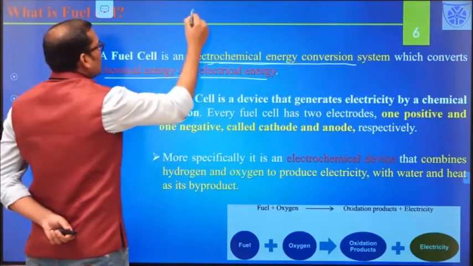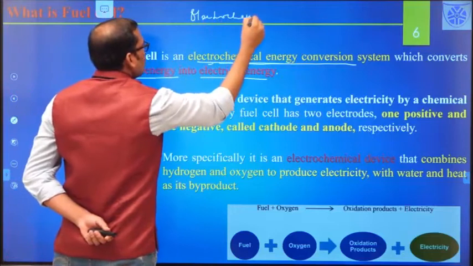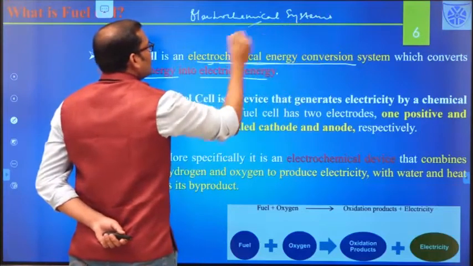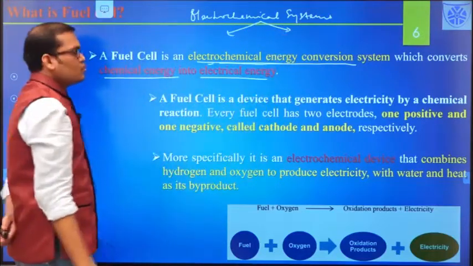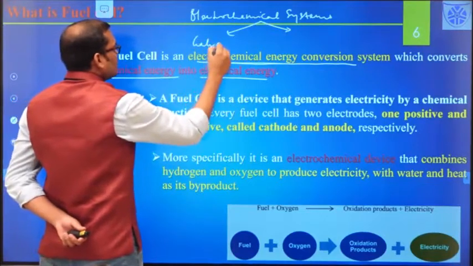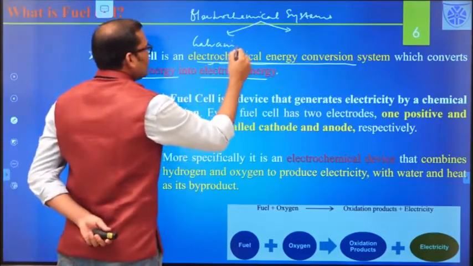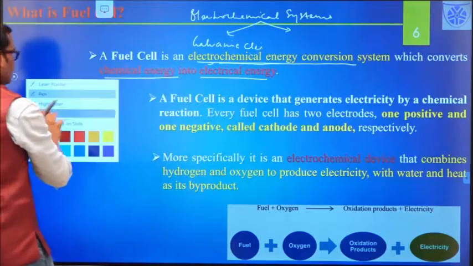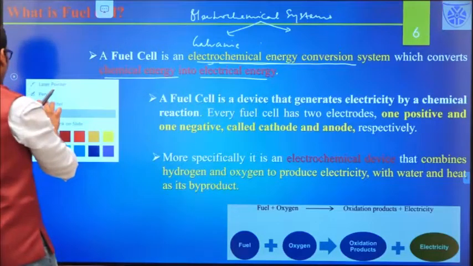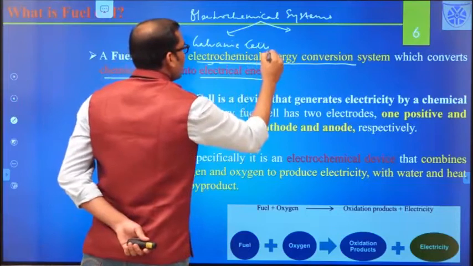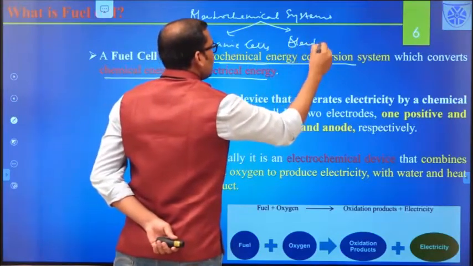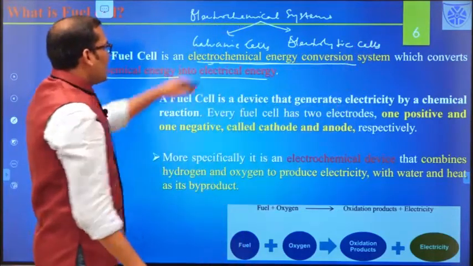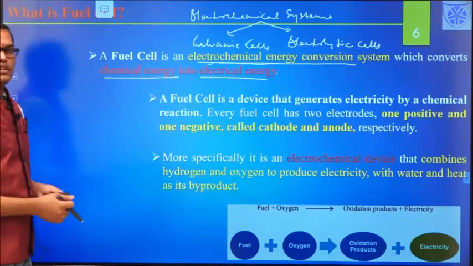If you have an electrochemical system, you can divide it into two: the galvanic cell, as I said in the last slide, and the electrolytic cell, right? The galvanic cell means it will give the energy.